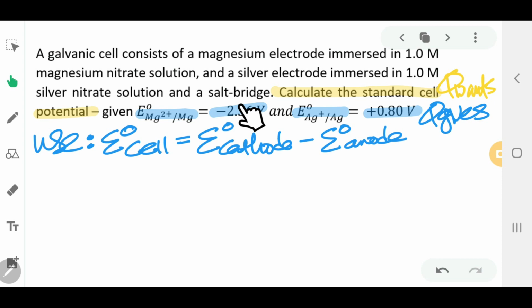Do remember, the more negative SRP value will be at the anode. We have the magnesium half cell, negative 2.36 volts, and the silver half cell, positive 0.80 volts. So between magnesium and silver, which one will be the anode and cathode? Obviously, the magnesium half cell will be your anode.